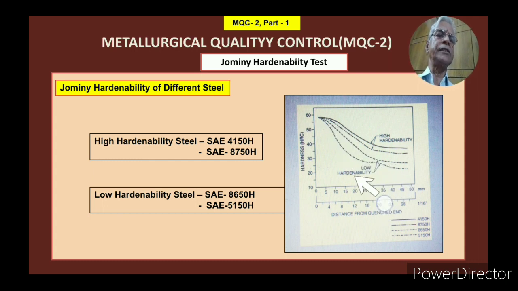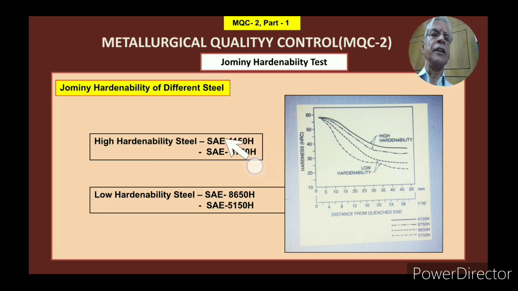So if you take any distance, like suppose I take 10 millimeter, and you go ahead here, you get a particular value 45, 48, but if you go above this it goes 50, 55 or even 58 also. So at the same distance, a high hardenability value shows higher hardness, whereas a low hardenability value will show lower hardness. That is the one indication.